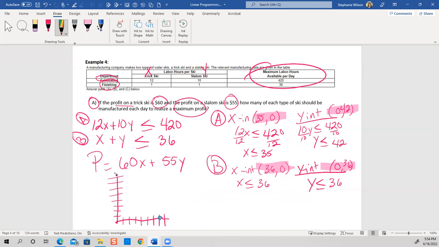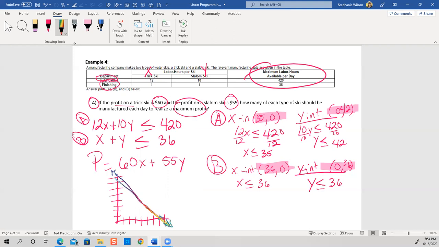Now let's connect our dots as straight a line as we can. All right, then on B, we got 36. It's going to be right past 35, and then our 36 for y, since that one was 42 and 40. We're going to come down right here.